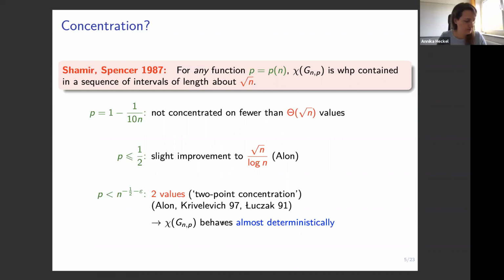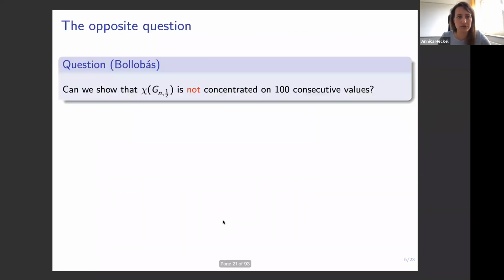So starting from the late 1980s, in view of these sharp results showing concentration of the chromatic number, Bollobás started asking the opposite question. He asked, can we find any non-trivial examples where the chromatic number is not concentrated? In particular, he focused on G(n,1/2).